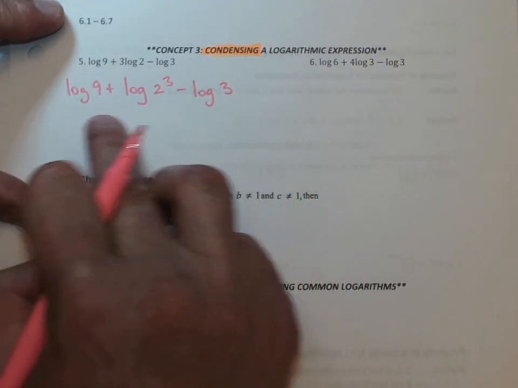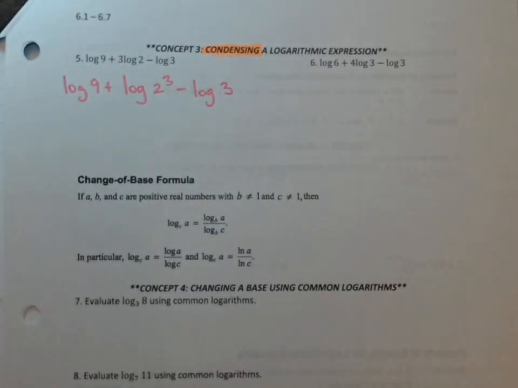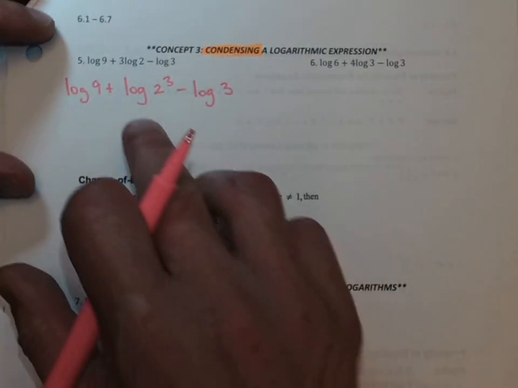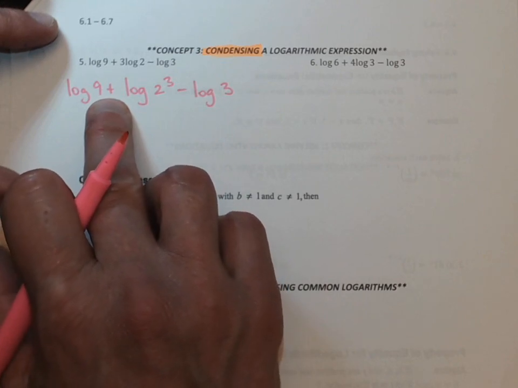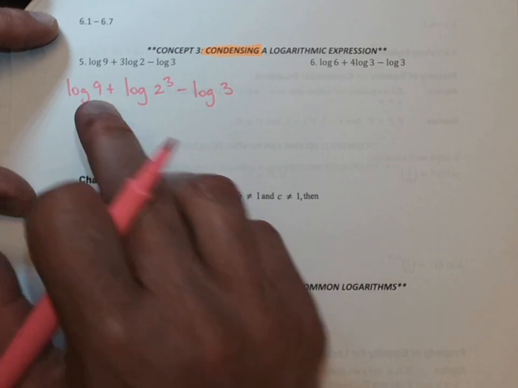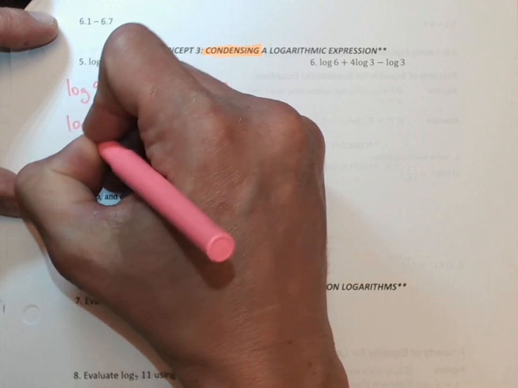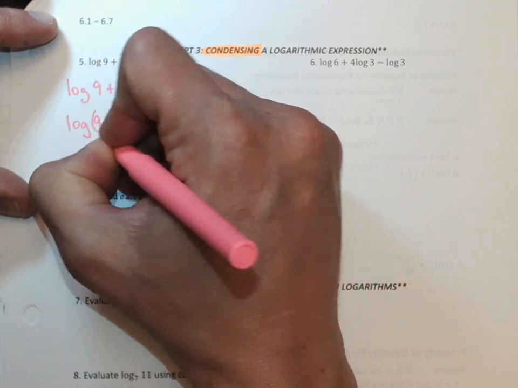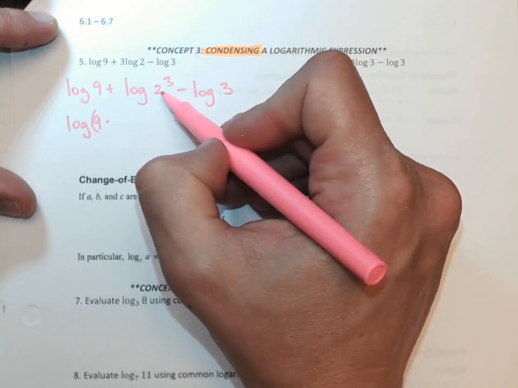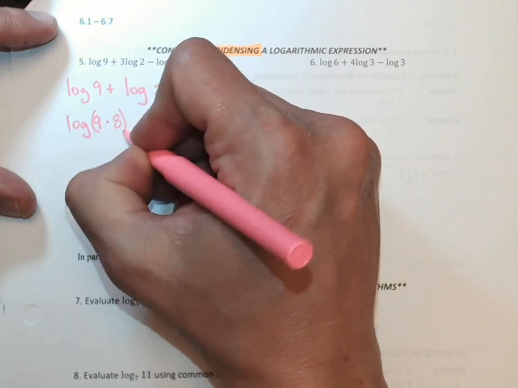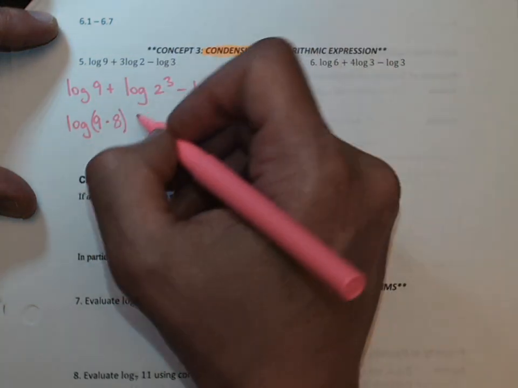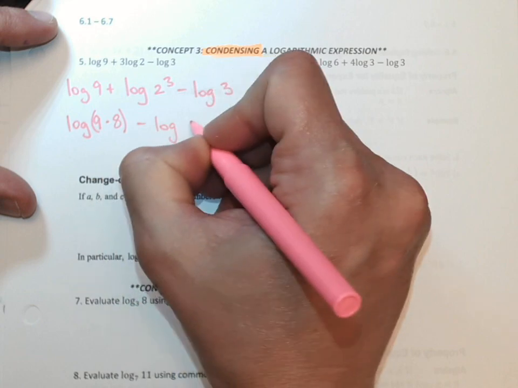Alright, now I'm going to go in PEMDAS, or order of operations, right? So my next step right here is get rid of that plus, and I get log of 9 times 2 cubed, or 8, really, log of 8, and then minus log of 3.